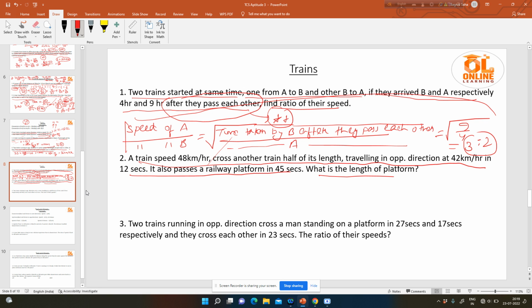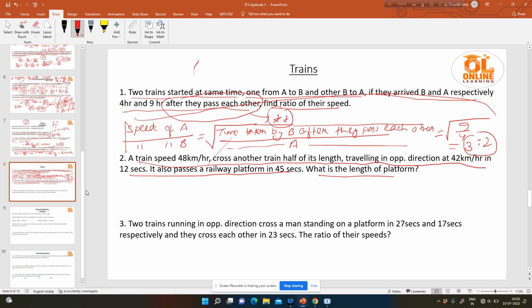So first let us find the length of the train, because then only we can find the length of the platform. Two trains are crossing each other, and one train's length is half of the other train's length. One train's speed is 48 kilometers per hour and the other train's speed is 42 kilometers per hour.